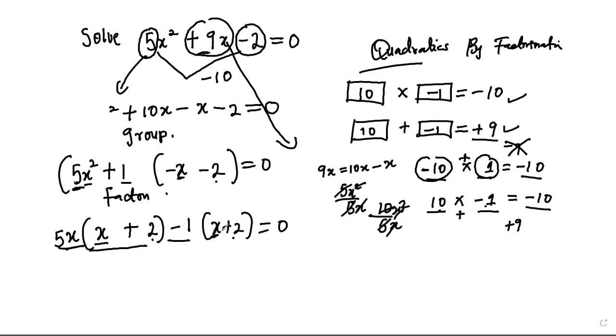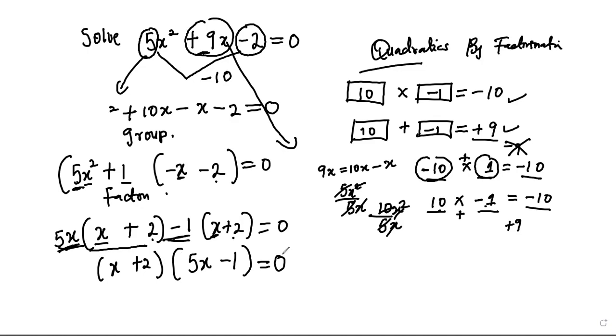Because minus 1 times x is minus x, and minus 1 times 2 is minus 2. Now you can see that x plus 2 becomes the first factor, and the other one outside becomes the other factor. So we have 5x minus 1 equal to 0, right?